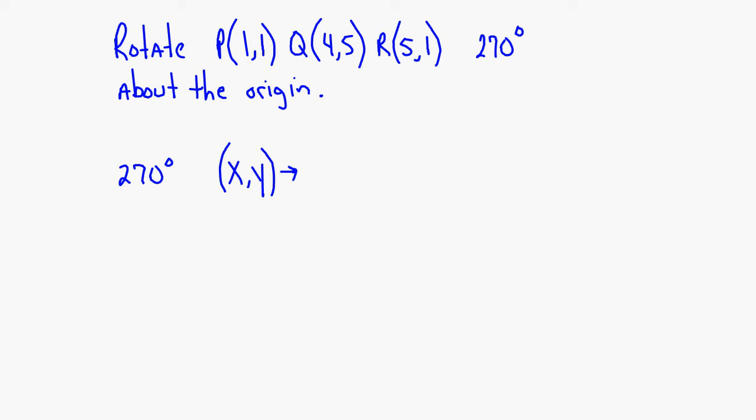So if we're given a point and it's at 1, 1, then our P prime is going to be located at 1, negative 1.